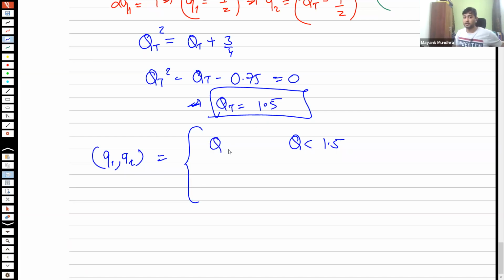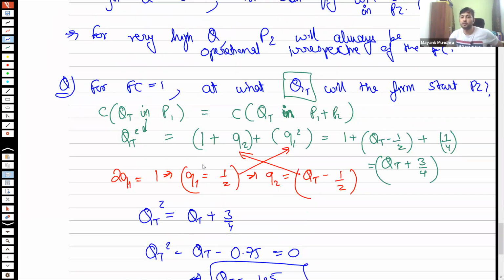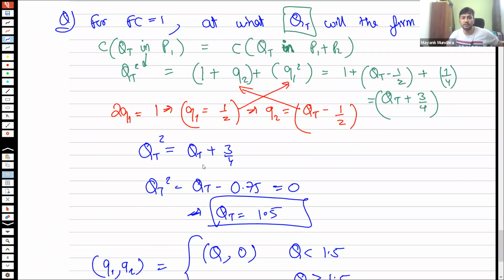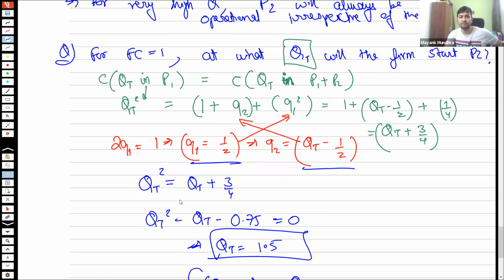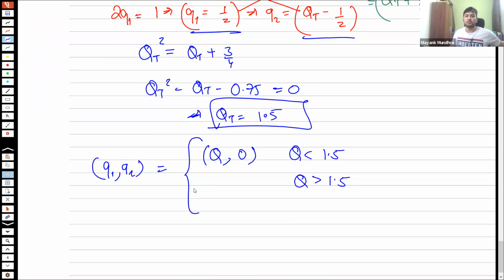So capital Q comma 0. And when total quantity is greater than 1.5, then you are going to produce, as we have seen, Q1 is half, Q2 is capital Q minus half. So half comma capital Q minus half.